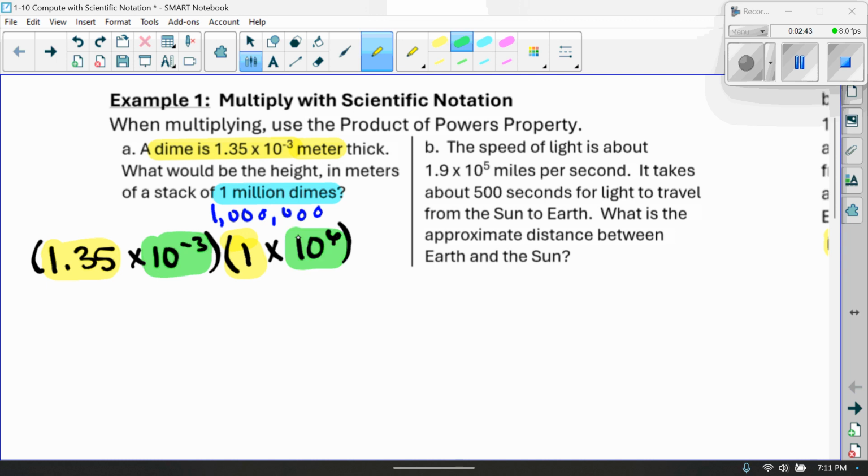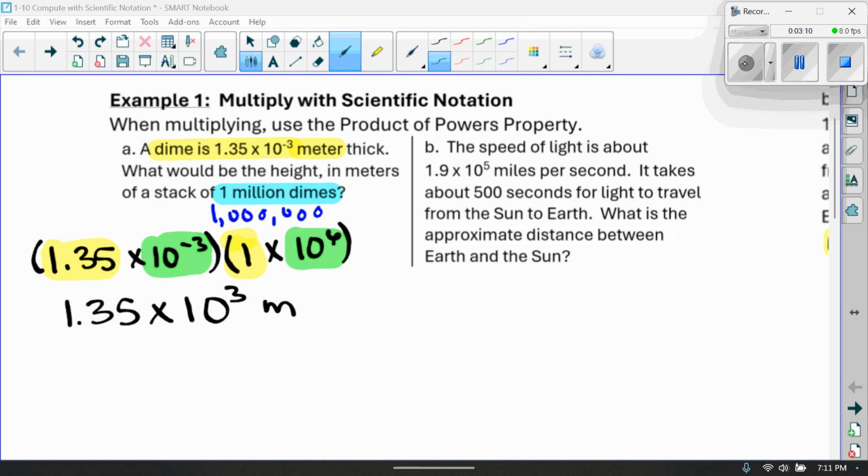So 1.35 times 1, of course, is itself. That's 1.35. Times, now we've got 10 to the negative 3 times 10 to the 6th. So negative 3 plus 6 is positive 3. So this is going to be times 10 to the 3rd meters.